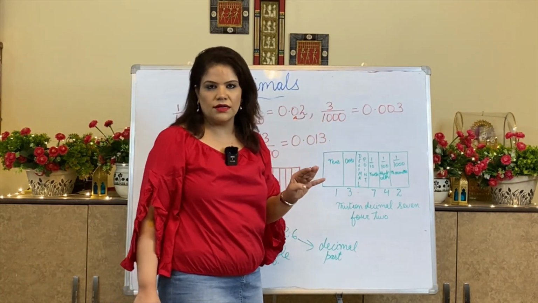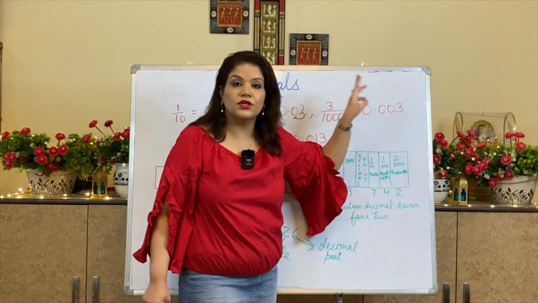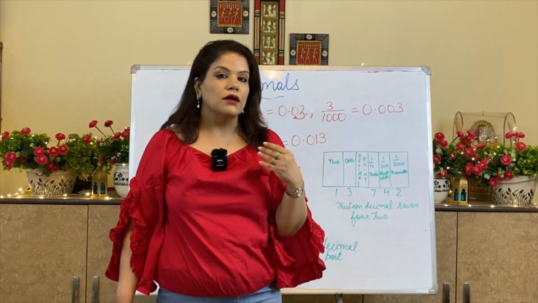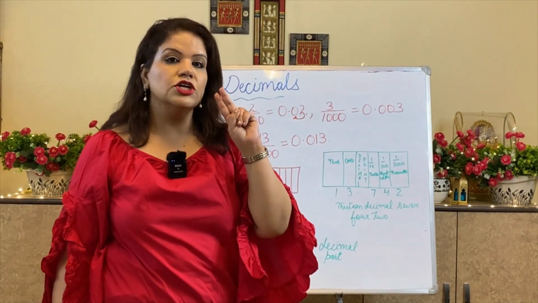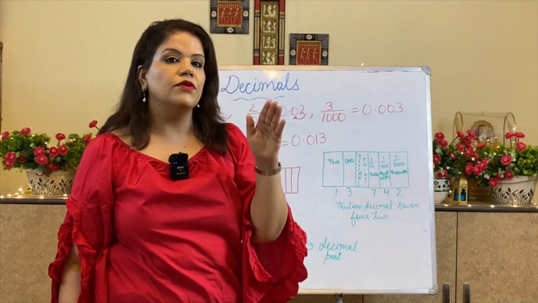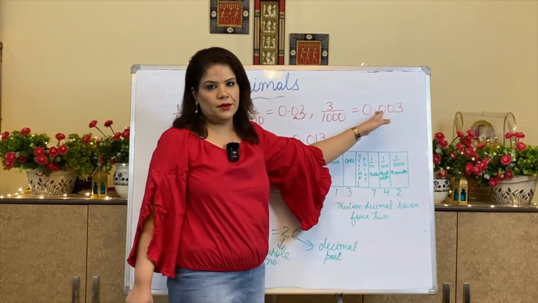Same way, 3 by 1000. How many zeros are there? 3 zeros. So after the decimal there should be a 3-digit number. And since in the numerator only one digit is there, we will be using 2 zeros here, and we will put them after the decimal and before the numerator number.